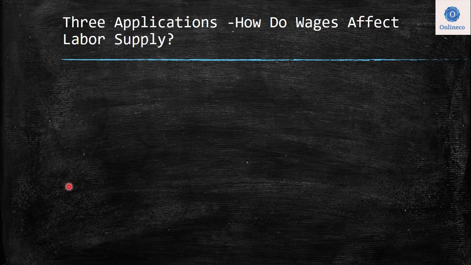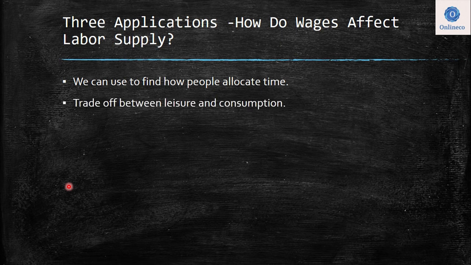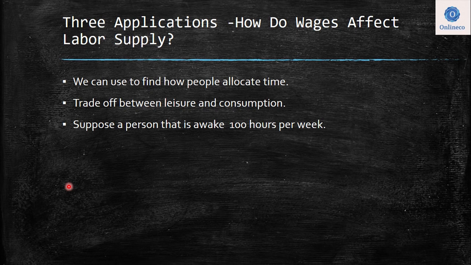So how do wages affect labor supply? We know that we have a trade-off here again, because we can use it to find how people allocate time. There is a trade-off between leisure and consumption. Suppose a person is awake 100 hours per week.